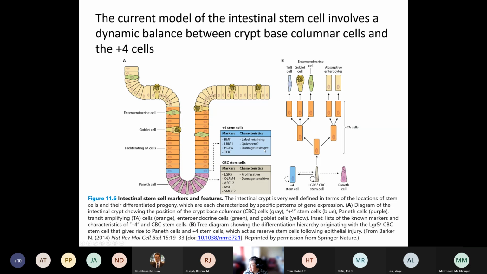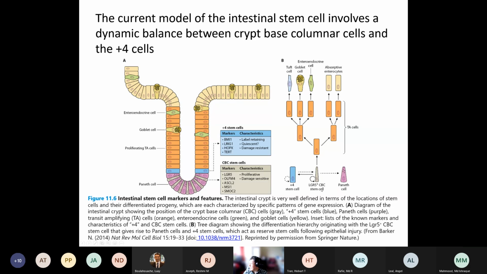And they are damage resistant. So if you have some toxin that can eliminate the stem cell, these cells at the +4 position will be more resistant. So we consider that the +4 cell is the reserve stem cell, while the CBC cells, the columnar cells, are the functional stem cells. That's the current view of how things work.